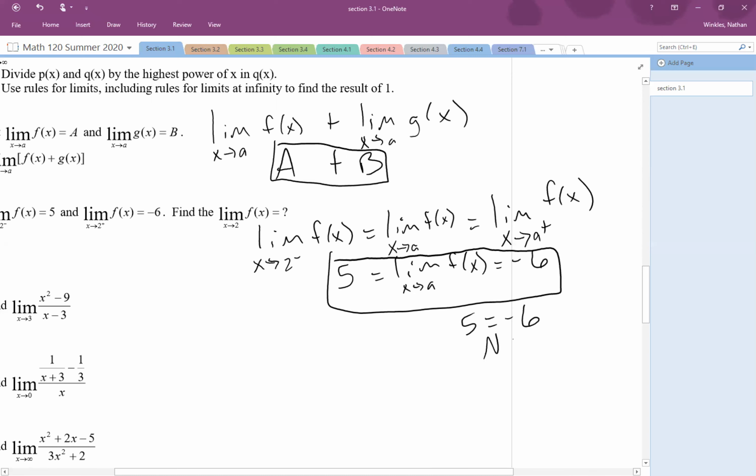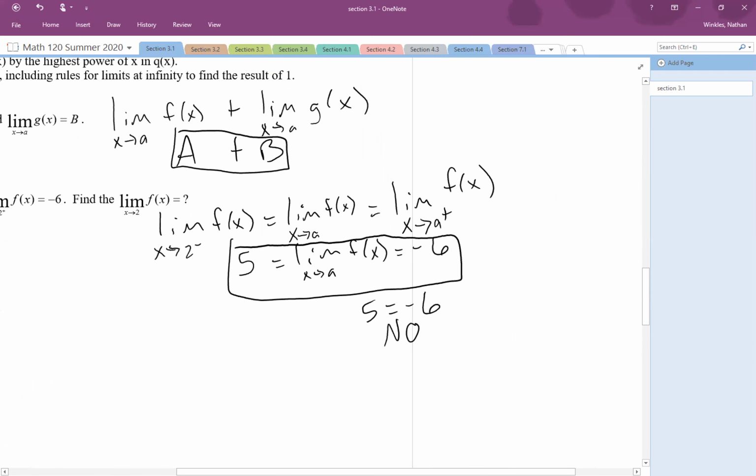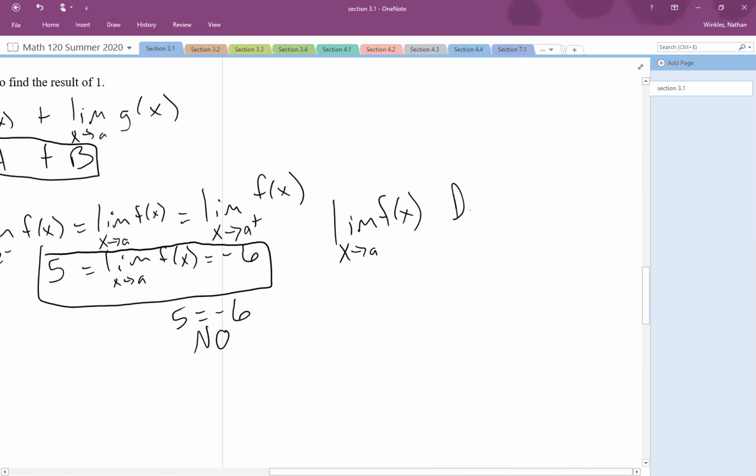No. So therefore, the limit as x approaches a of f of x does not exist, or D and E.